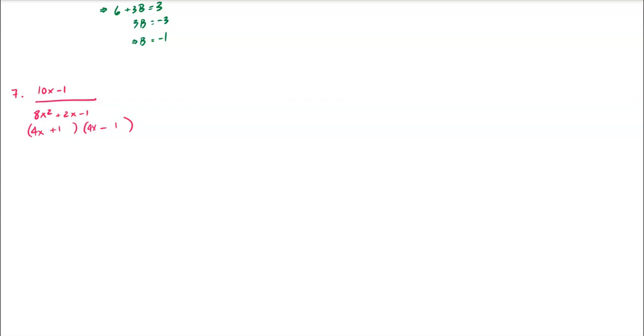Okay. Let's see. That's not 4 and 4. 4 times 4 is 16. Wow, Miss Alstrom. Okay, so yeah, feel like it's not working out. 4x and 2x, right? 2 times 4 is 8, negative 1.